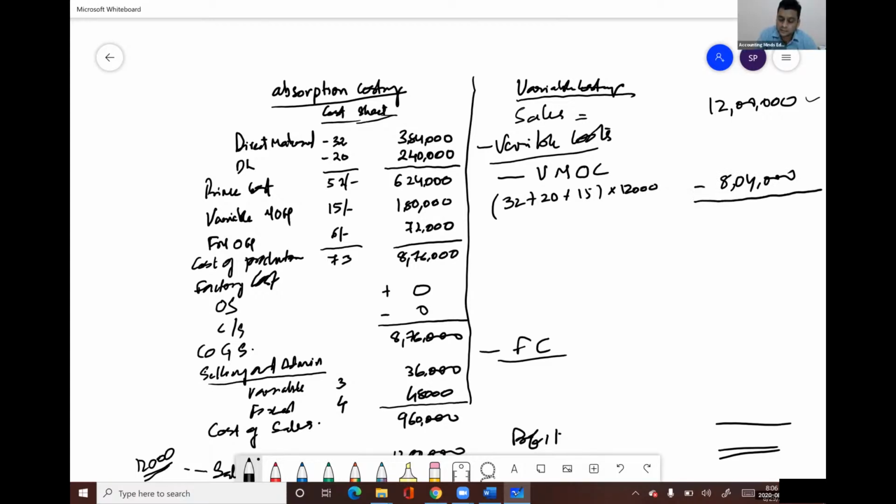What do you get? 3 lakh 96,000. This 3 lakh 96,000 is called manufacturing contribution.